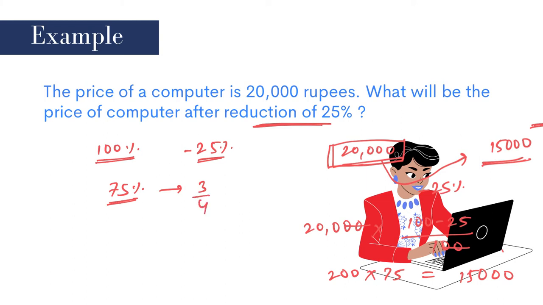So I need to calculate 3 by 4 of the total value. When I divide 20,000 by 4, I will get 5,000. When I multiply 5,000 with 3, I will get 15,000. So this is my answer.